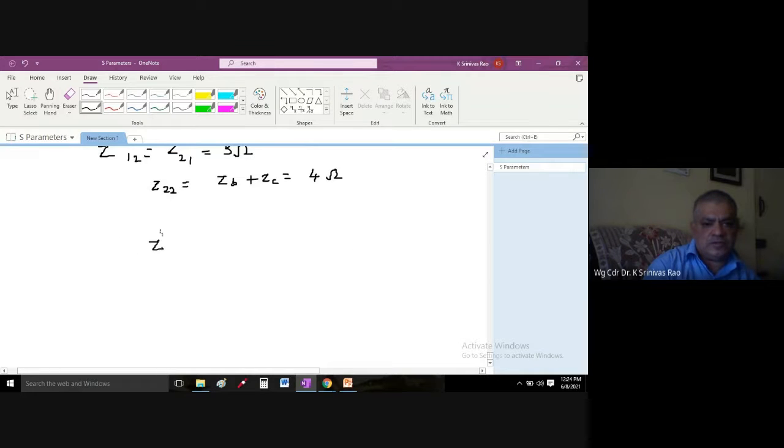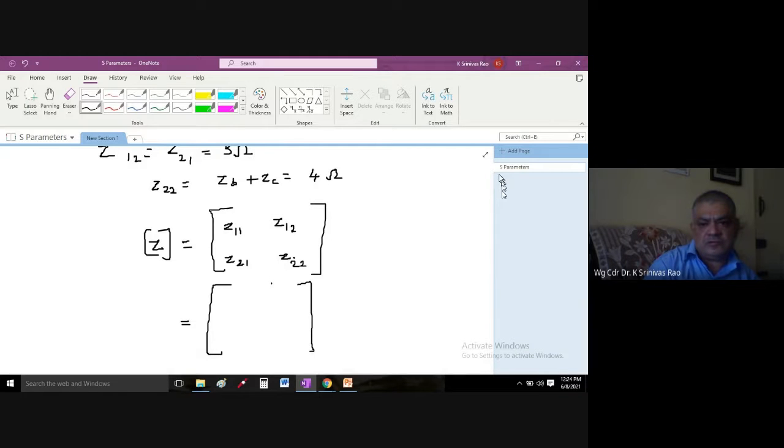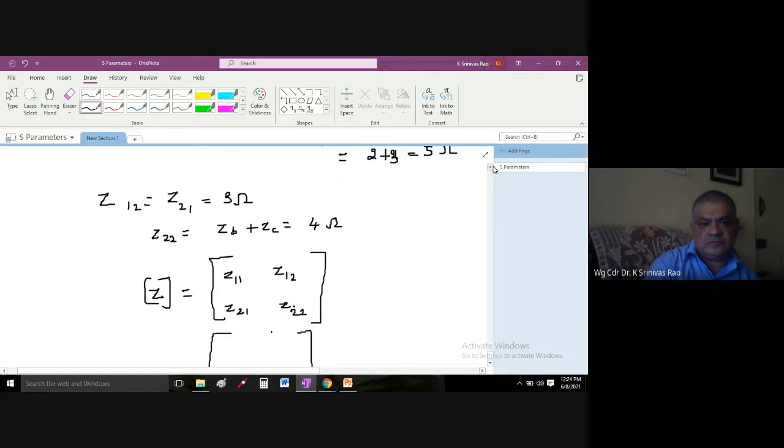Therefore, I can write the Z parameter matrix with this. The Z parameter matrix is given by Z11, Z12, Z21, Z22, which is nothing but whatever values you have obtained; just substitute those values. What was the value for Z11? 5 ohms.